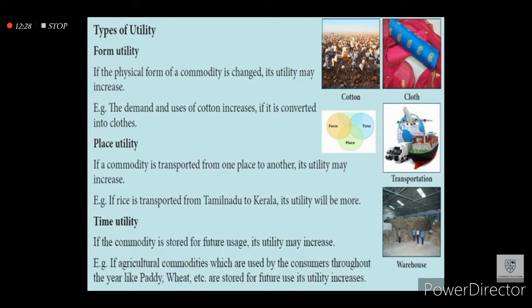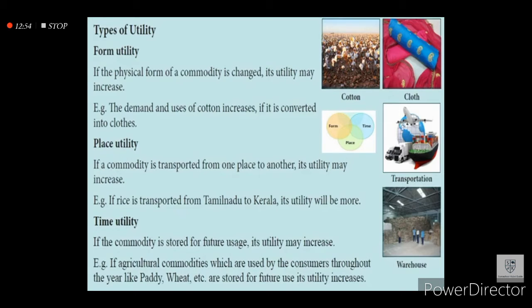The next kind of utility is place utility. That is, if a commodity is transported from one place to another, its utility may increase. For example, rice from our Tamil Nadu, when transported to Kerala, its utility will be more. And so do the vegetables which are transported from Tamil Nadu to Kerala.